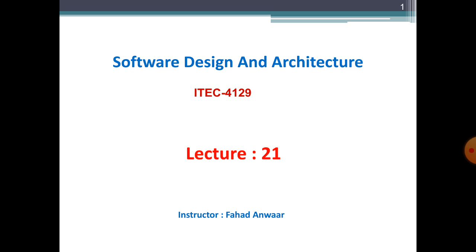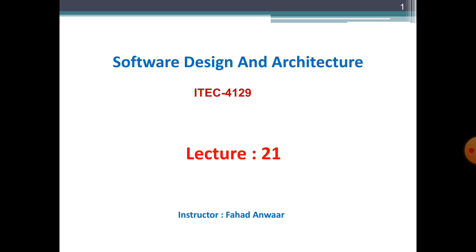So students, before I start today's lecture discussion, I would like to give you a little bit of a recap about our last lecture. If you remember, we discussed distributed software architecture, where we saw the client server architecture pattern and the service oriented architecture pattern.